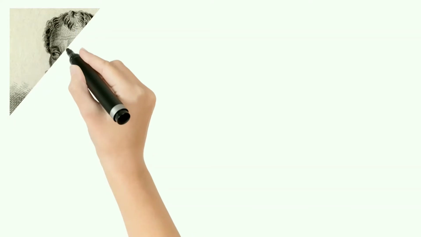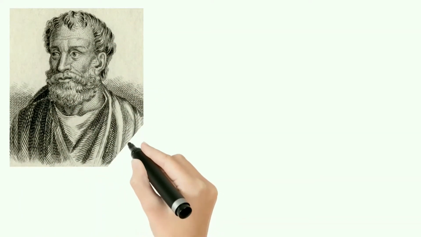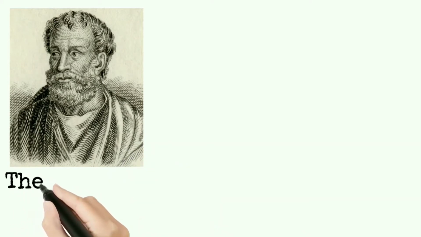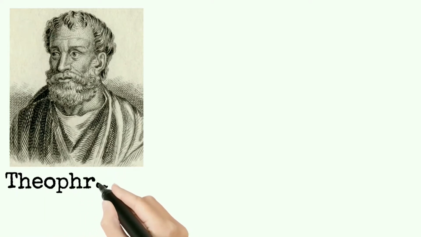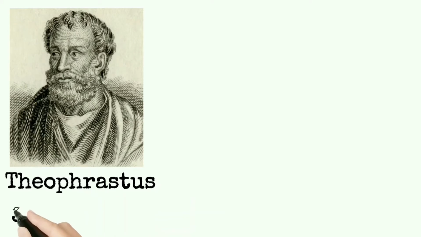Now, Theophrastus. He was a student of Aristotle. He was a scholar, botanist, biologist, and physicist. On the strength of his works, he is known as father of ancient plant taxonomy and father of botany.